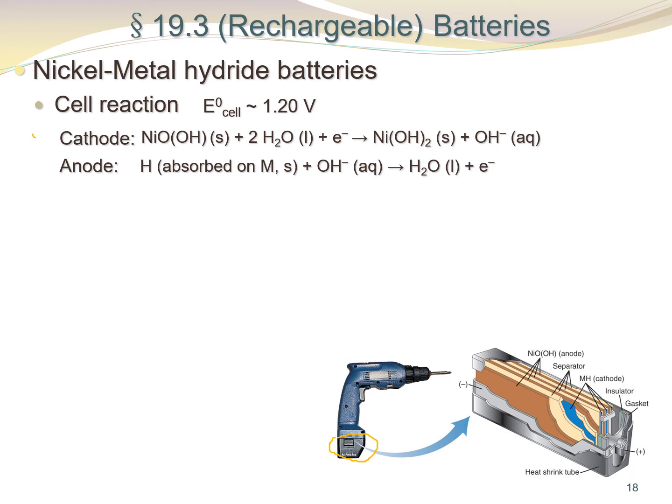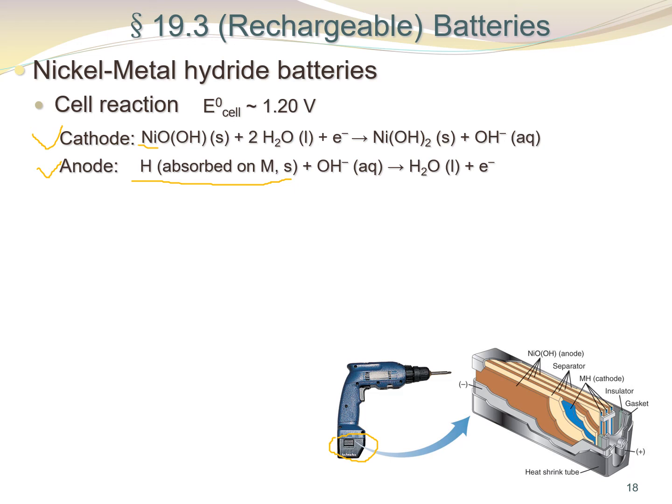And these are the two reactions that we can see. Why we call it nickel metal hydride: we have the nickel, and this is what we call a hydride, that is absorbed on the metal. Sometimes it can also react to the metal.